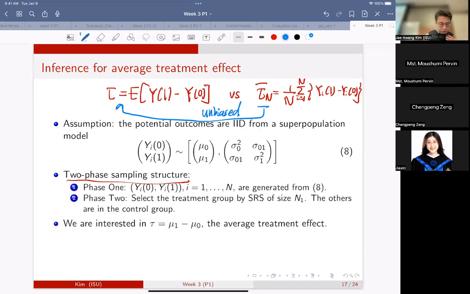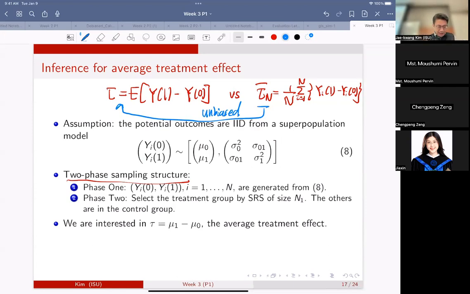So the two-phase sampling framework is a very interesting tool to compromise, I mean, to understand the whole story.